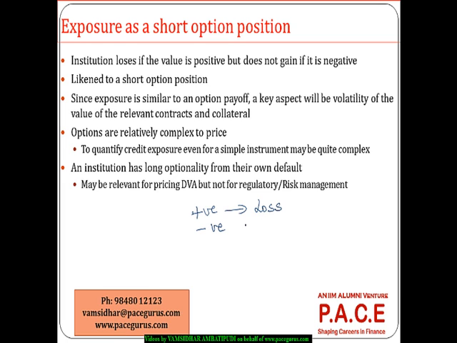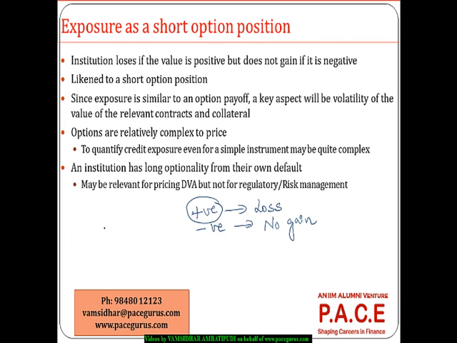But if the net of all collaterals and everything is negative, there is no gain. Is it not looking like an option position? Because the institution is losing if the overall net exposure is positive, otherwise there is no gain. So it's like a pure short option position.